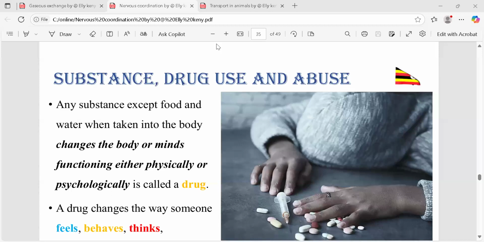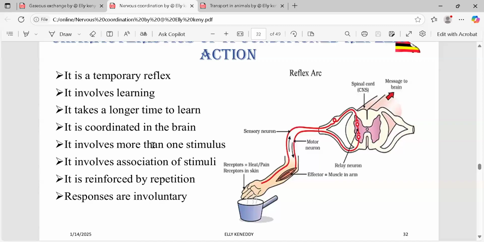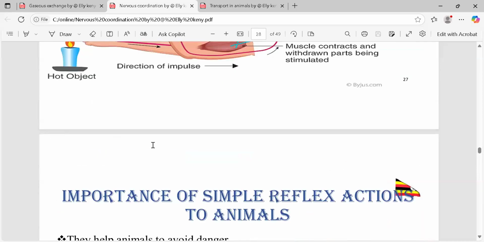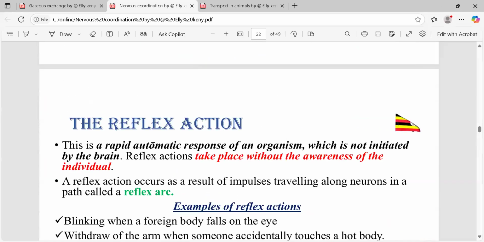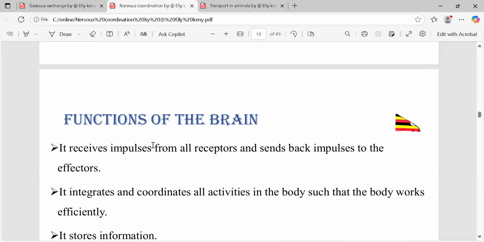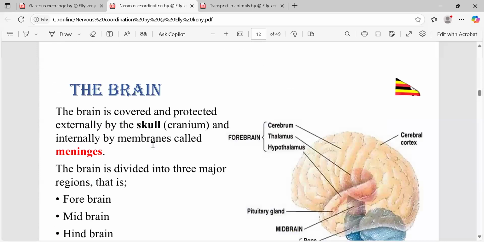Nervous. Edna says nervous system. Okay. Let's go to the nervous coordination.